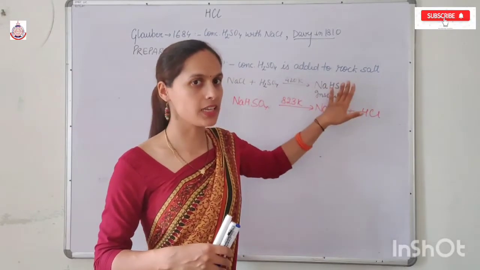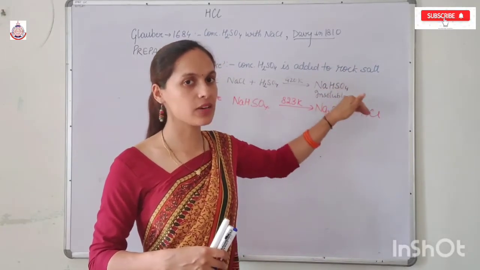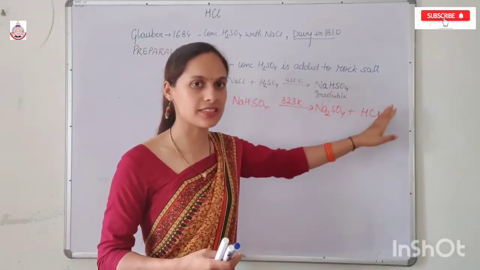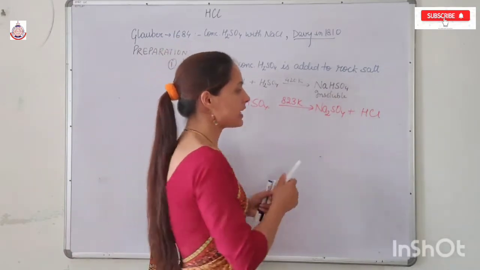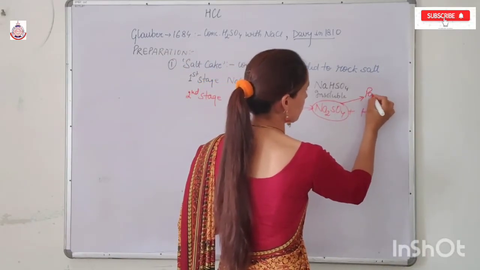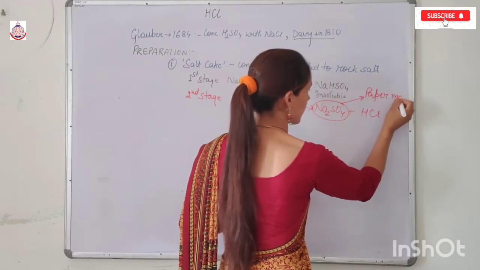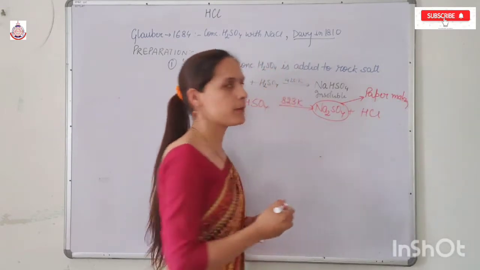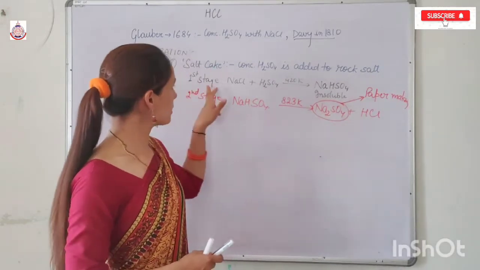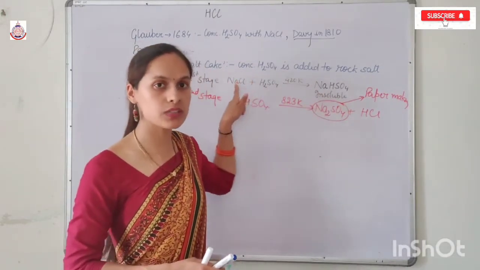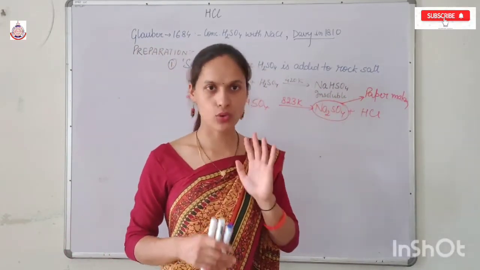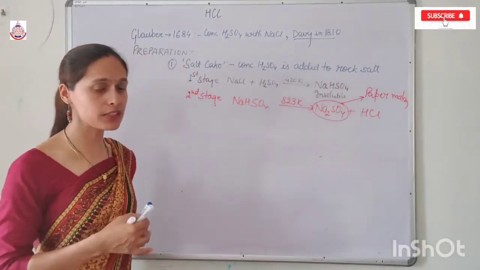At this stage we stop the reaction, and then we heat the mixture to 823 Kelvin, as a result of which we get HCl and a byproduct Na2SO4, and this byproduct is mostly used for paper making in the paper industry. The method is called salt cake due to the formation of the insoluble NaHSO4. This is our first method.